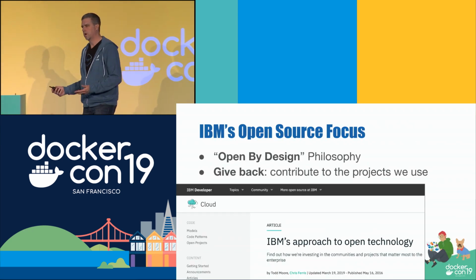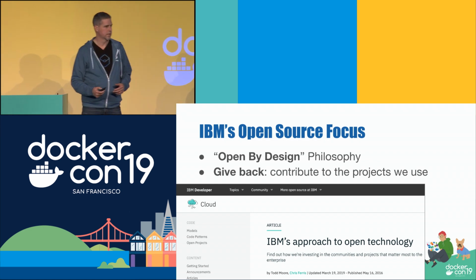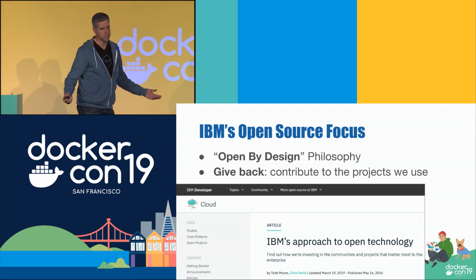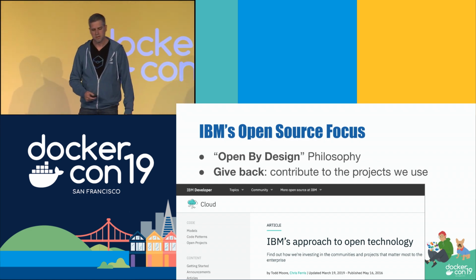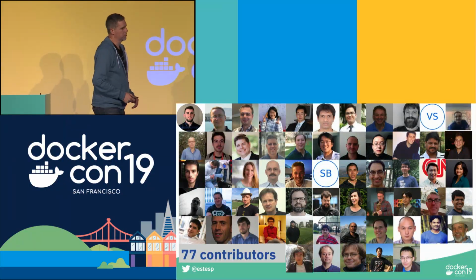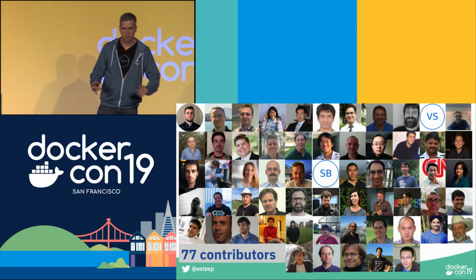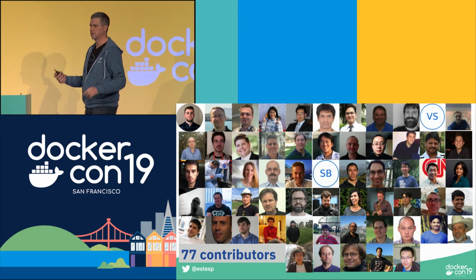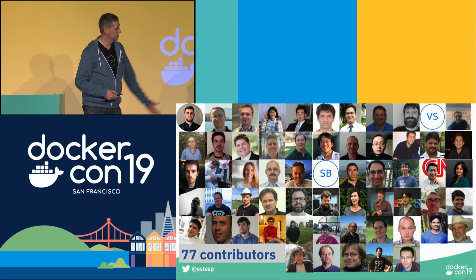So again, our choice at IBM has been to always get involved in these projects that we depend on. And so over the years, I went out and found everyone that's committed to the Docker repos, to Docker distribution, to runc, to Containerd.